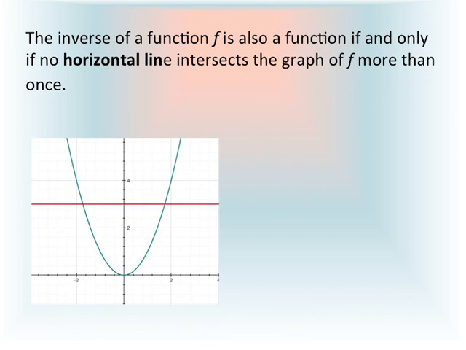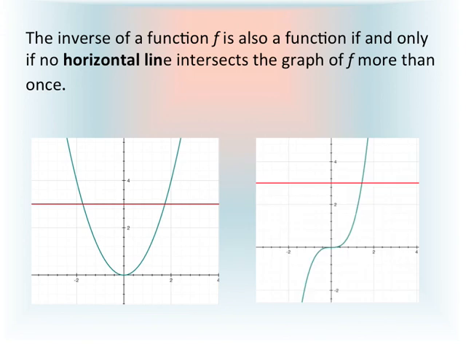In the case of y equals x squared, the horizontal line does intersect the parabola more than once, so that when it would be reflected, the parabola would be centered along the x-axis instead of the y-axis, that horizontal line would then be a vertical line, and it would fail the test for function. However, a cubic function, such as y equals x to the third, does pass the horizontal line test.